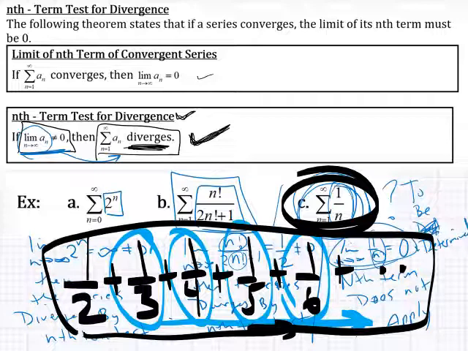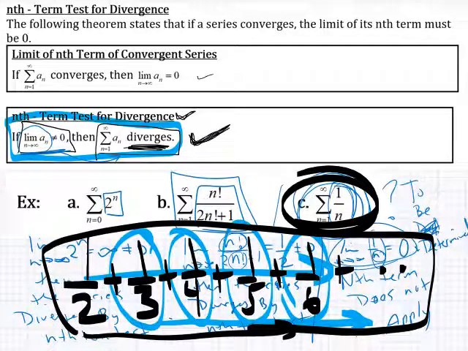But just going to 0 isn't enough. Okay? If the terms go to 0, the series still could diverge. If they don't go to 0, it guarantees that they're going to diverge. But going to 0, it could converge or diverge.